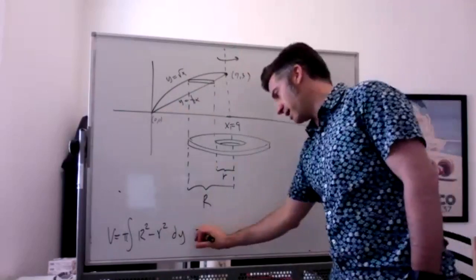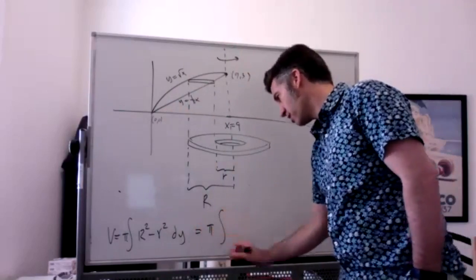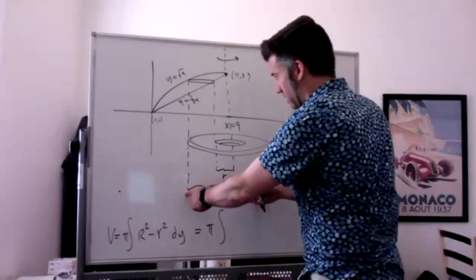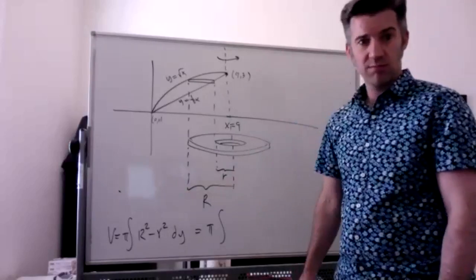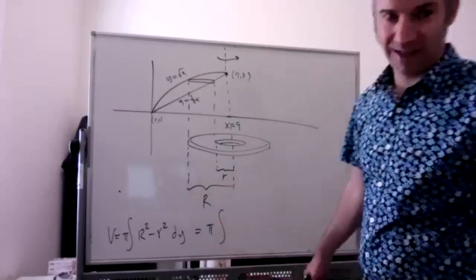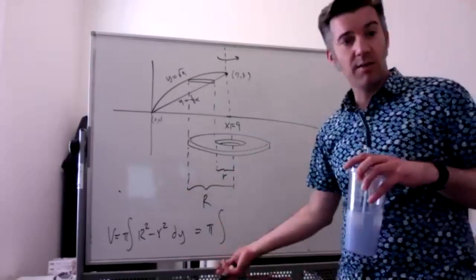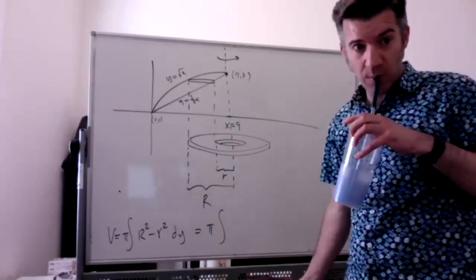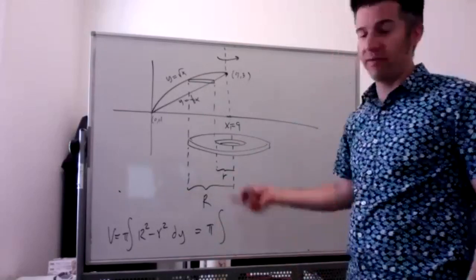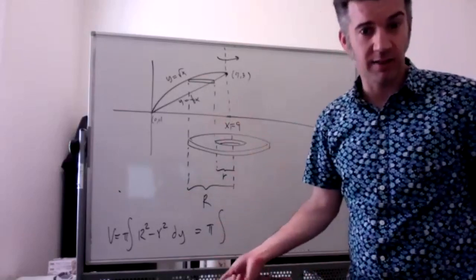So let me ask, what's my large radius? What is this distance here? It's something minus something else. I suppose it might help if you wrote the function in terms of x as a function of y.